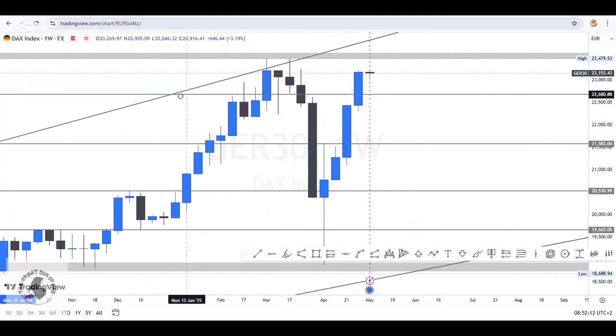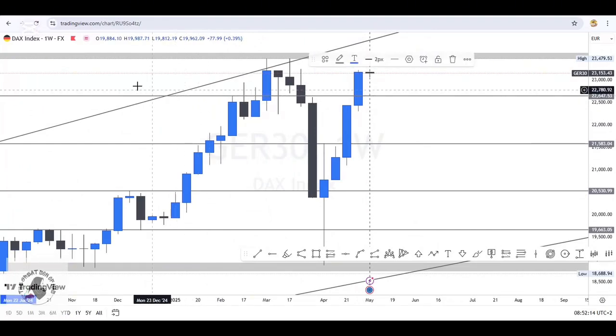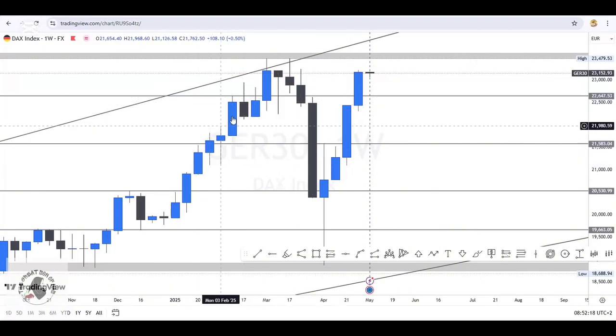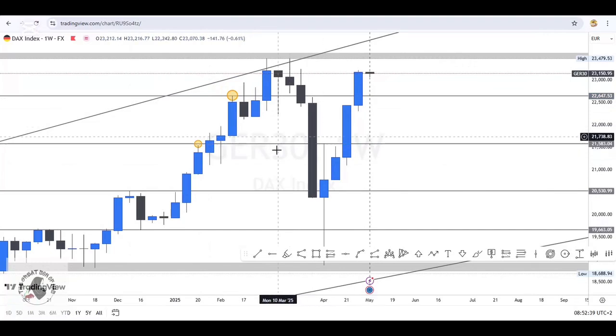How do you identify the zones? You look at the past, at where the market has been reversing before. Here, when the market touched, the market reversed. So these zones are strong.